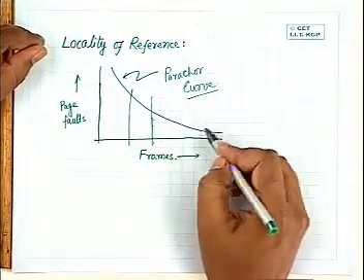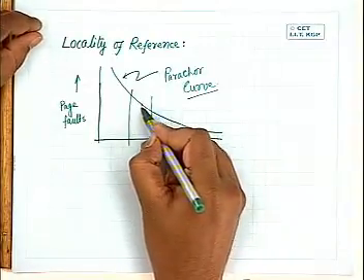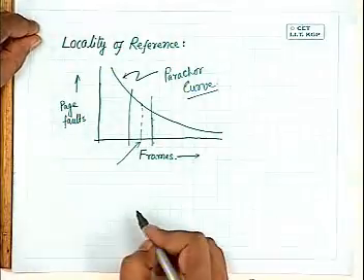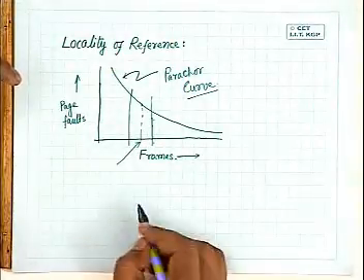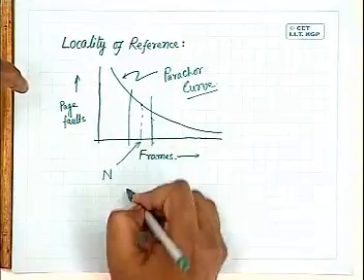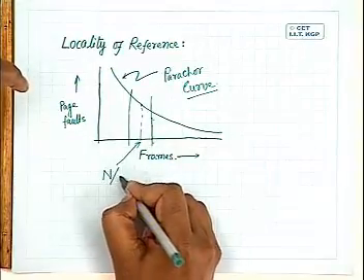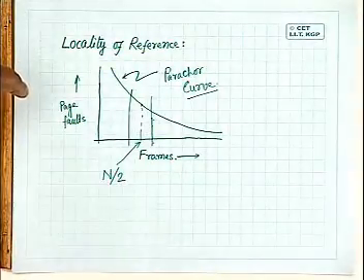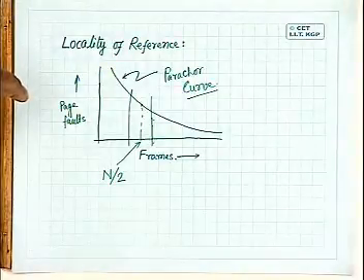Okay. And it has been found that this region corresponds to, say, if the logical address space of a particular program contains n pages, then this point will be around n by 2. That is half of the number of pages in the logical address space of the job.